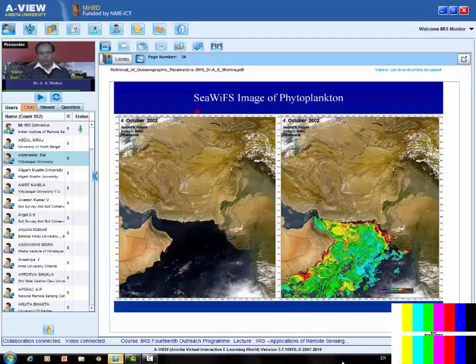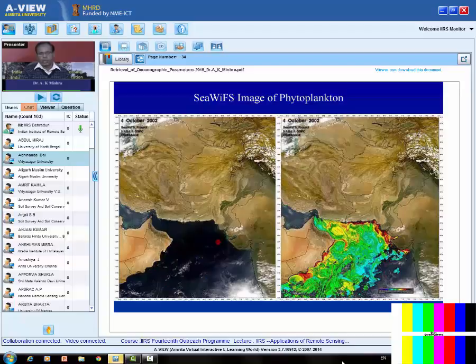So this is the SeaWiFS image of phytoplankton. What you are seeing here is the true color composite image, and the land area is this one, and this is the ocean area.